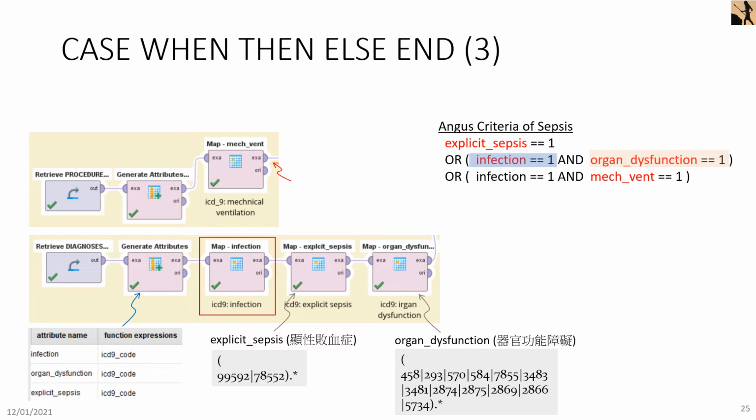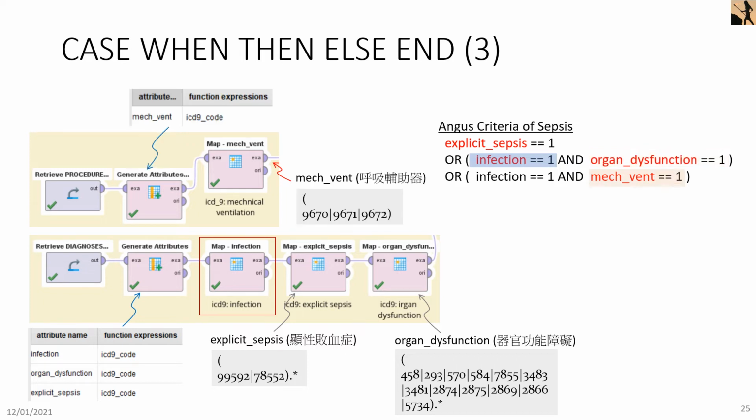So we just follow the same way to label these attributes. So we now have an indicator for explicit sepsis and then the organ dysfunction, right? As for the mechanical vent, whether that is used or not, here we just refer to different tables.